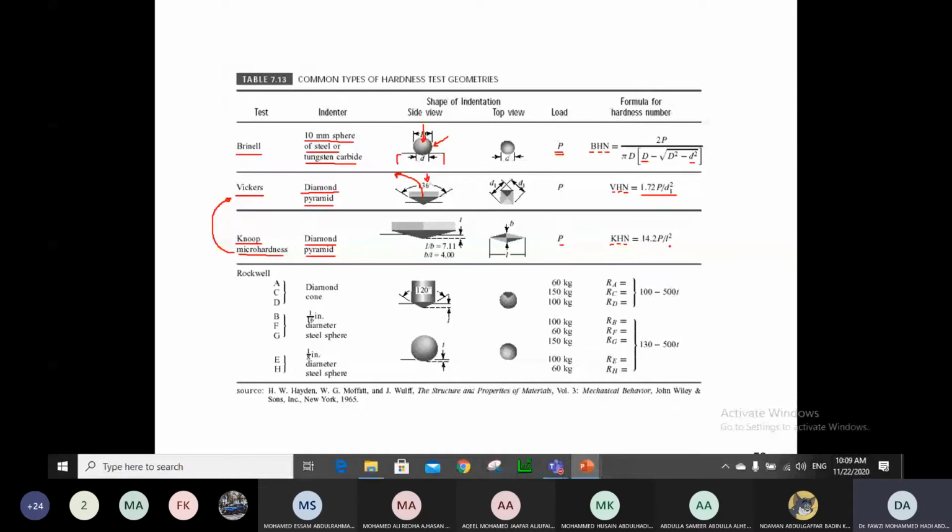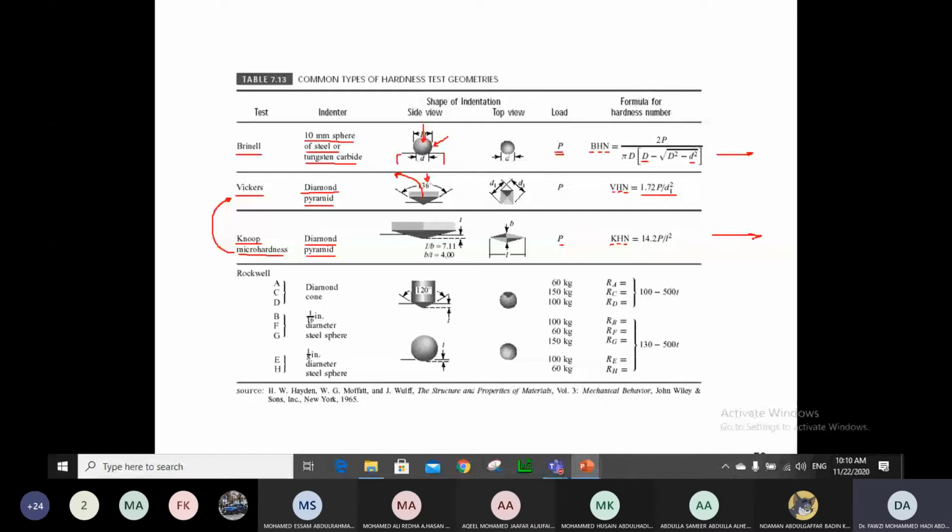One question which normally is raised: if I have specimens, let's say I have results from the Brinell test and I have results from the Knoop micro hardness test. This is telling me that for the same material, I have a hardness number, a certain number, and from this test, I have a certain number.